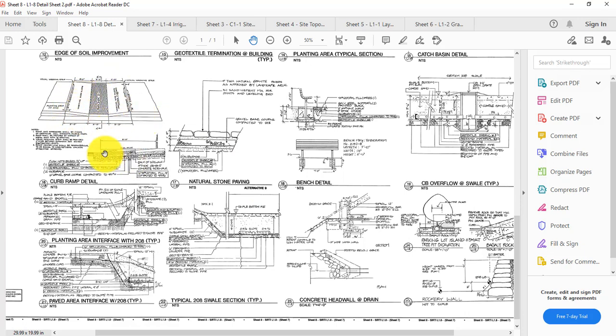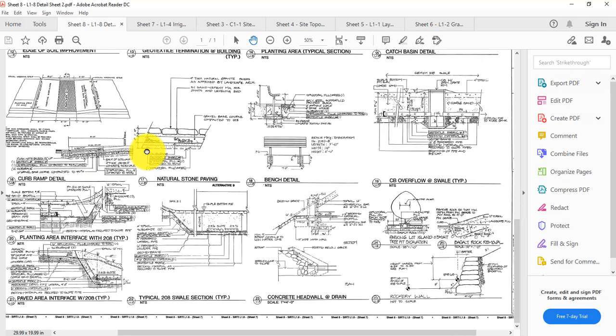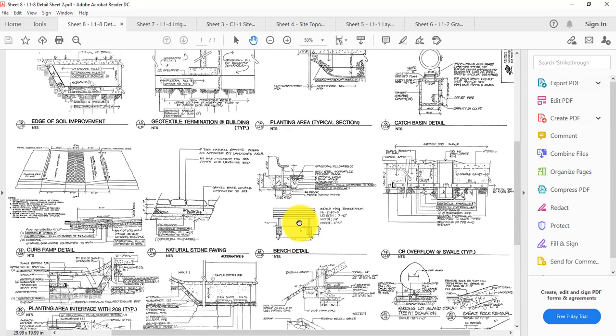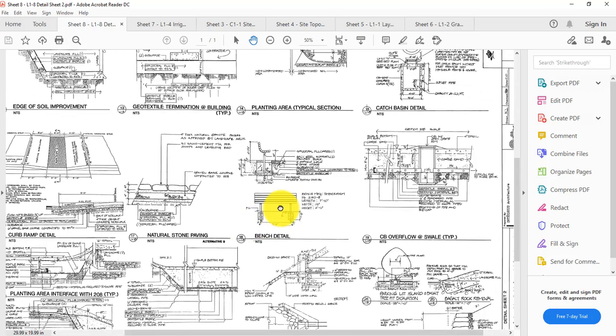Usually it shows kind of the slope of it, the stone detail, and a few other things like a bench detail. Here's the front view, and then here's the side view there. So as you look at these a little bit more, you start to understand that most of these are in section, and it might say it right there in the title. So this would be sheet number 8.